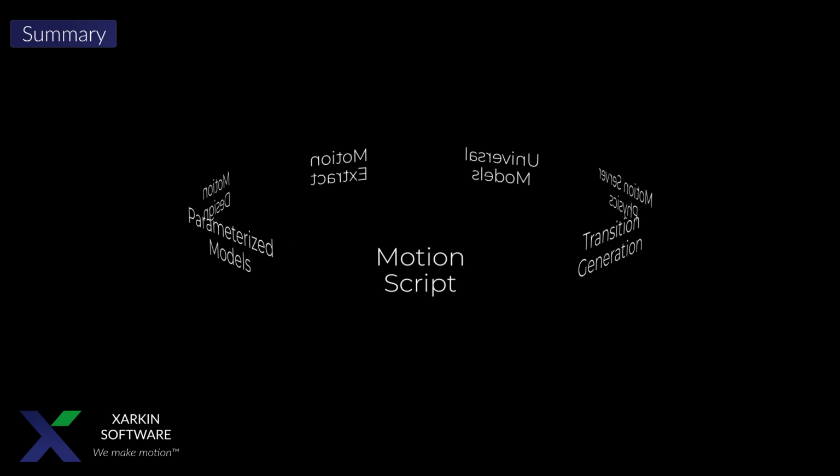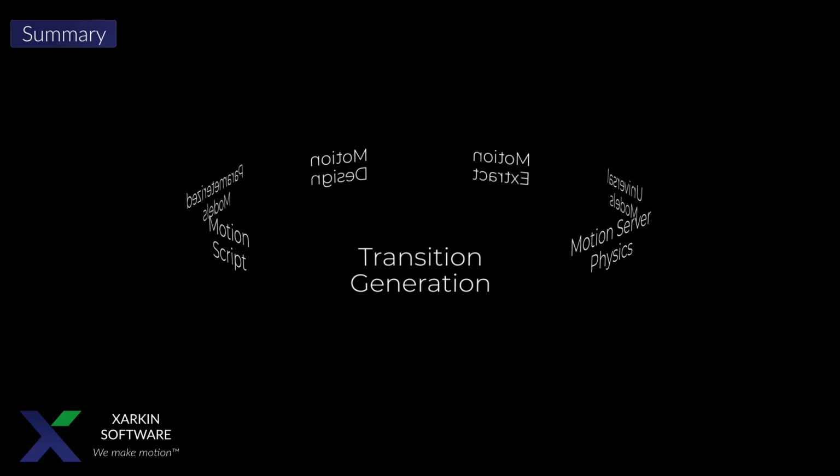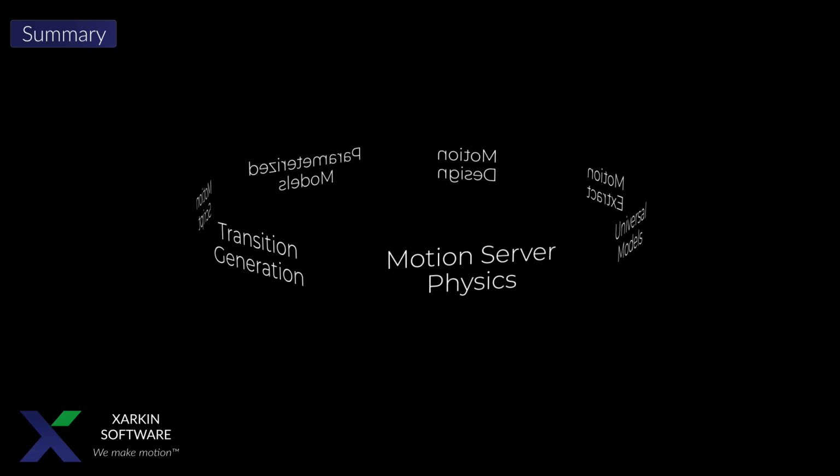MotionScript provides a markup language for constructing motion sequences made up of motion elements and motion modifiers. Motion elements are specific uses of parameterized motion models. Xarkin Motion Server uses transition parameters to generate the connective frames between the different motions in a motion sequence.